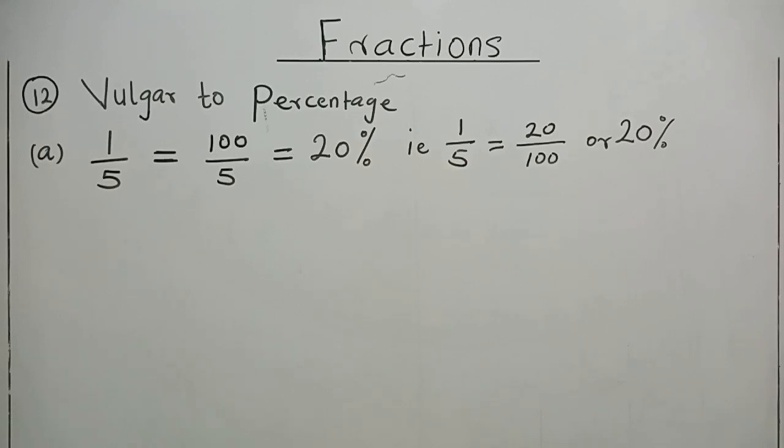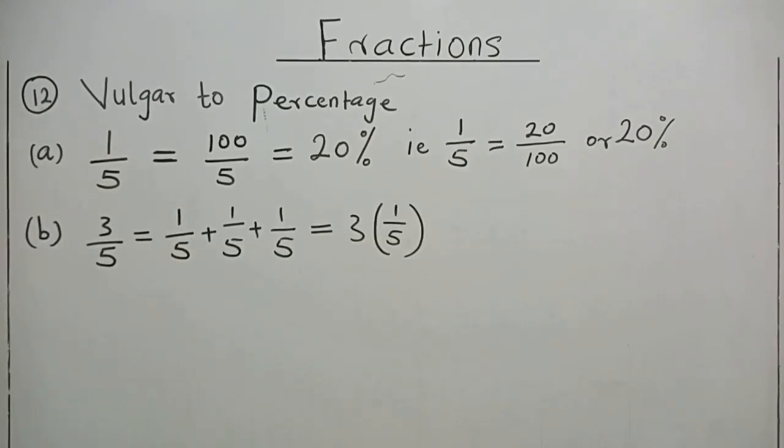Please join me as I convert 3 over 5 to percentage. And this is the first phase of the process. 3 over 5 is the same thing as 1 over 5 plus 1 over 5 plus 1 over 5. I hope you agree. It's okay.